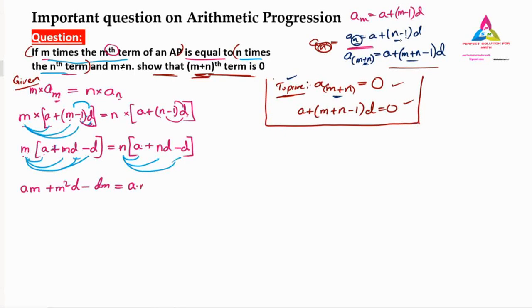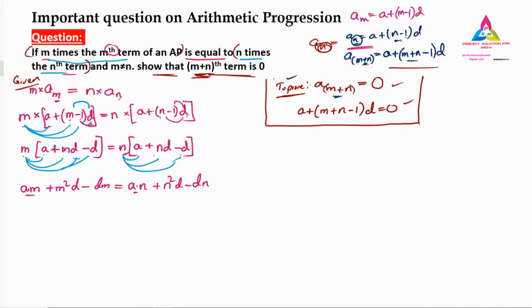So a into n I can write down, here I will put into also. So a into n plus n into n is n square d, and we have minus this n with the minus d, so minus dn. Remember here this is a into m, here a into m, a into n, understood? So now it is not an AP term.